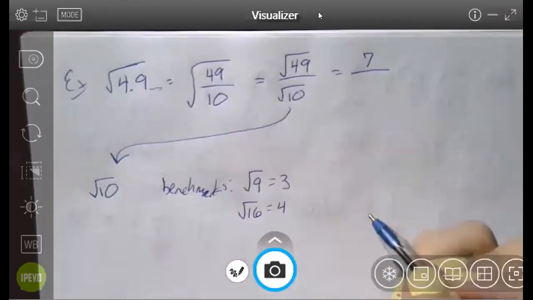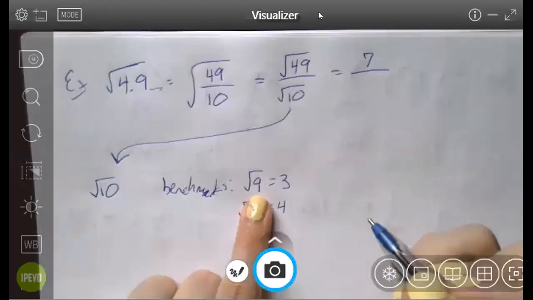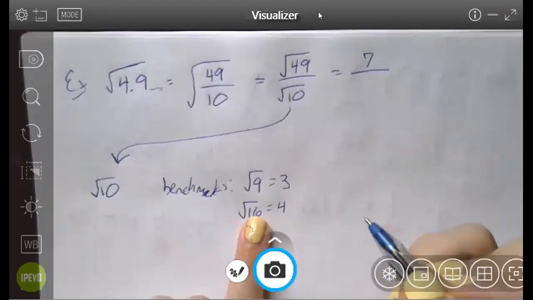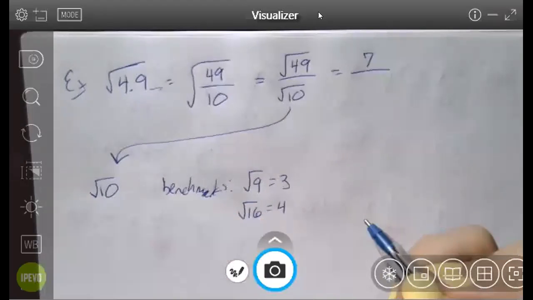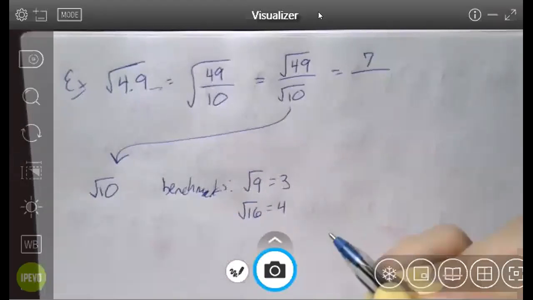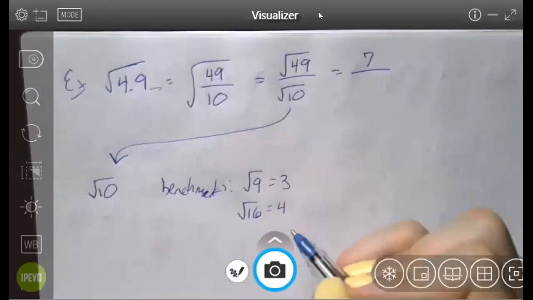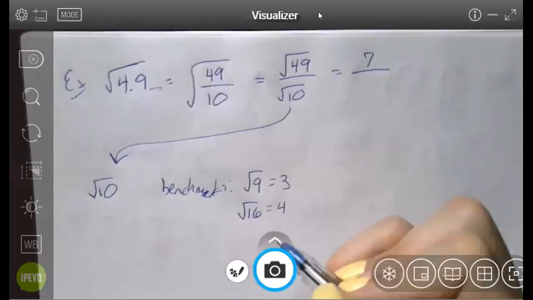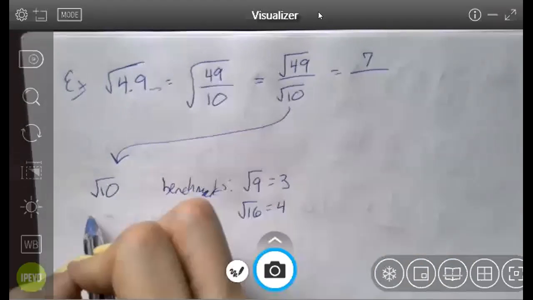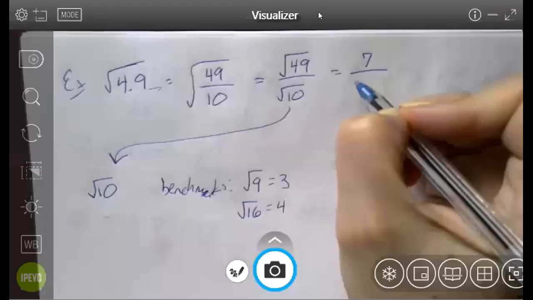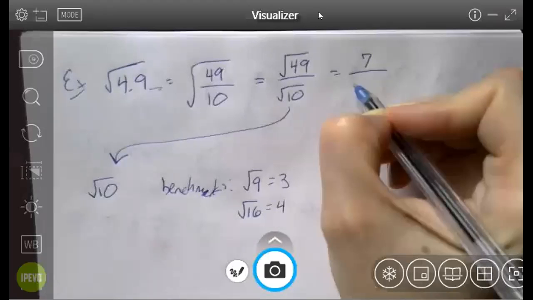And then, obviously, 10 is much closer to 9 than it is to 16. So we might just say our answer here is probably like 3.1 or 3.2. Okay, so I'm going to estimate that that's, say, 3.2.